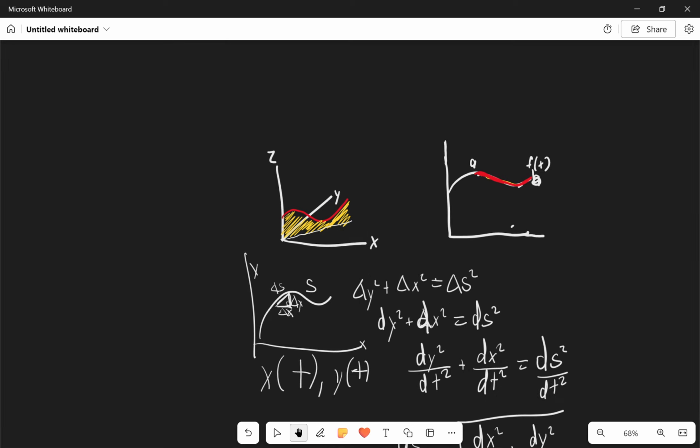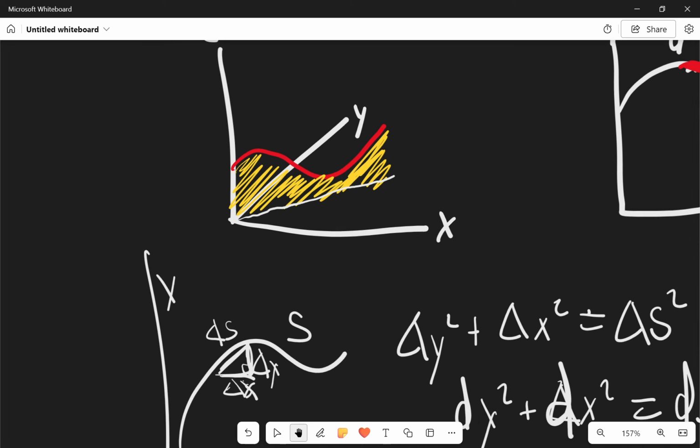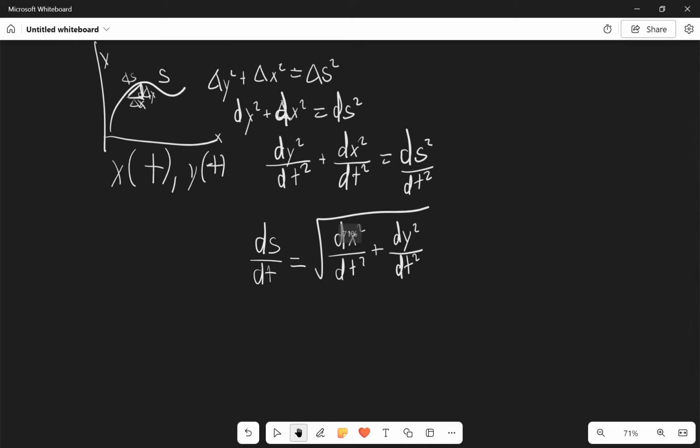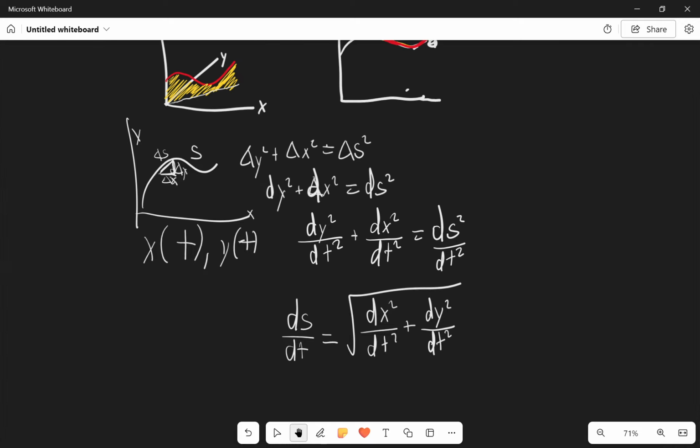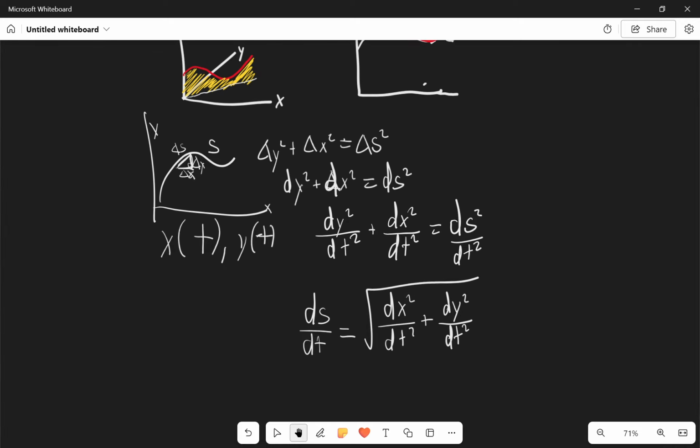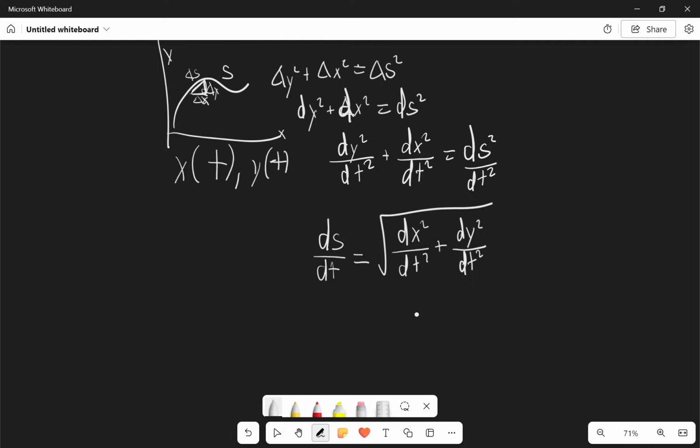Now remember, the line integral tells us the area under the line. So in order to get that, we are going to set the next integral: the integral from a to b of our function f(x, y), which tells us the height.